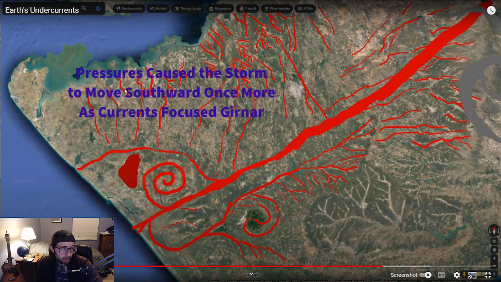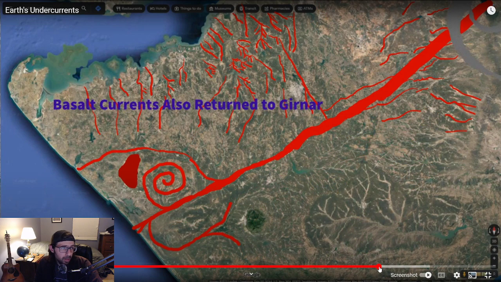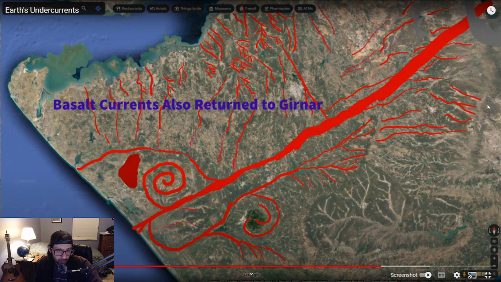And then basalt currents return through the boundary wall here, back through it. And pressure caused the storm to move southward once more as currents focus Gurnar. So I think I missed one. Basically that the currents return to Gurnar, and then just generally fill this region.